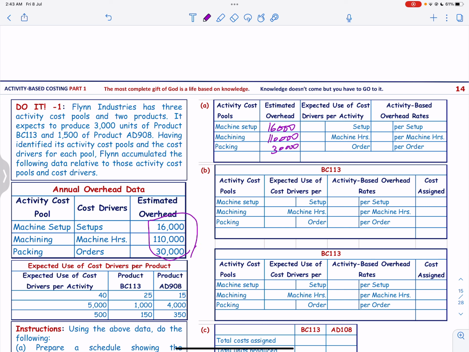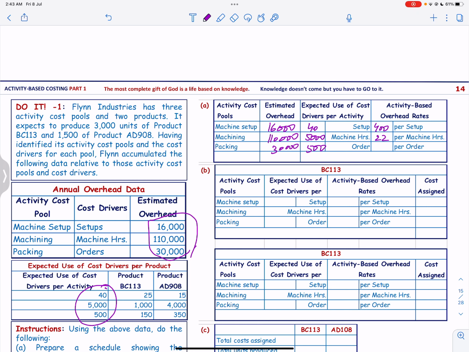The expected use of cost drivers per activity is given to us as 45,000 and 5,500. So we divide the two and we will be getting the activity based overhead rate as 400 per setup, 22 per machine hour, and 60 per order.